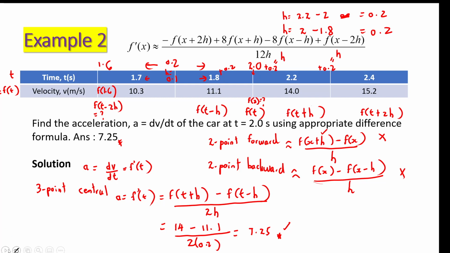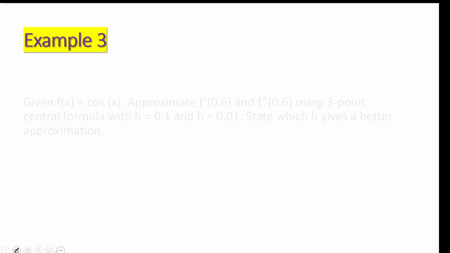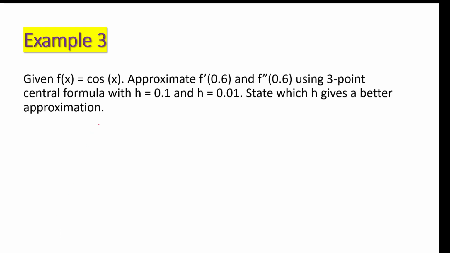Later on, the third example. Given f(x) equal to cos x, approximate f prime 0.6 and f double prime 0.6 using the 3-point central formula with h equal to 0.1 and h equal to 0.01, and then state which h gives a better approximation.